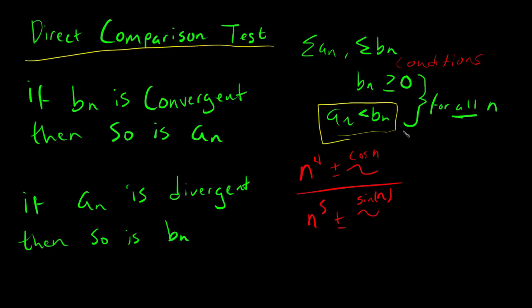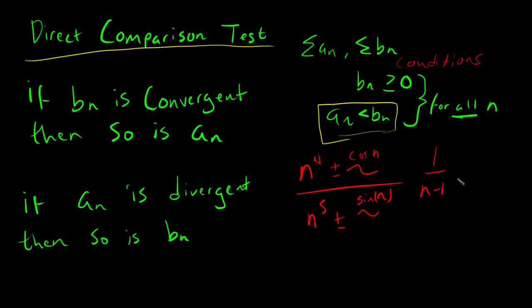Sometimes it's absolutely true for all n. Sometimes it's not true for all n though. Here's an example with 1 over n plus 1 and 1 over n. This is always bigger than this. If I put 2 here, this is 1/3 and this is 1/2. This is bigger. If I put 1 here, this is 1/2 and this is 1. This is always true.